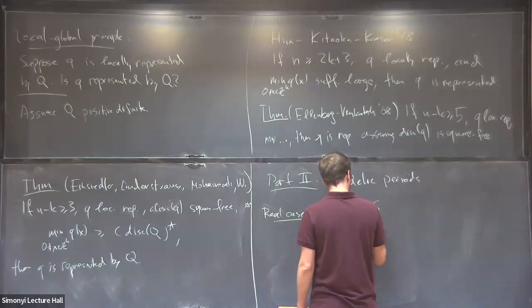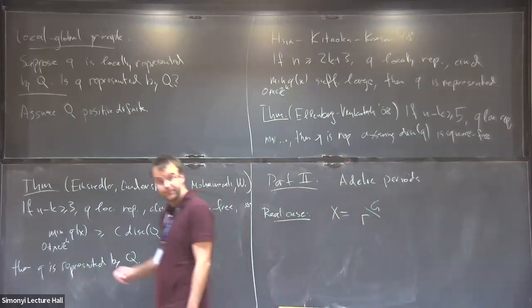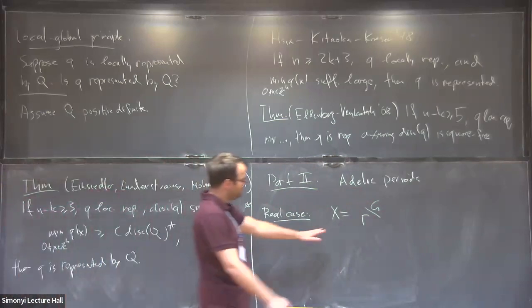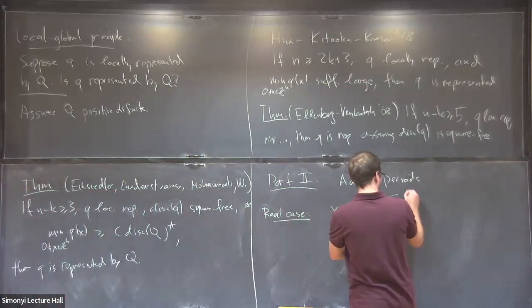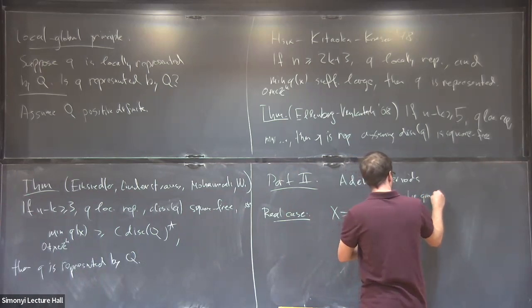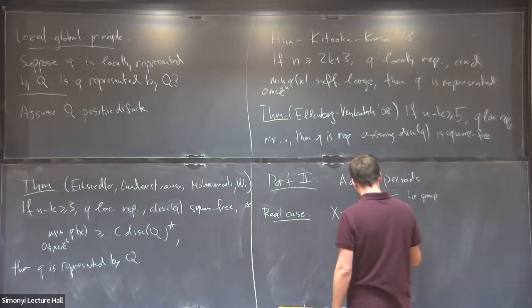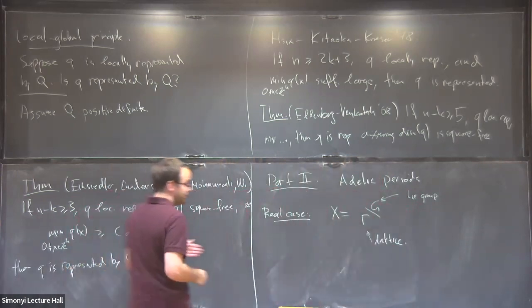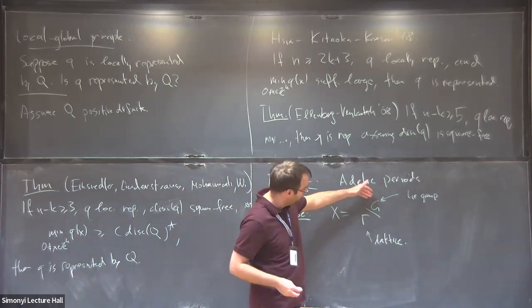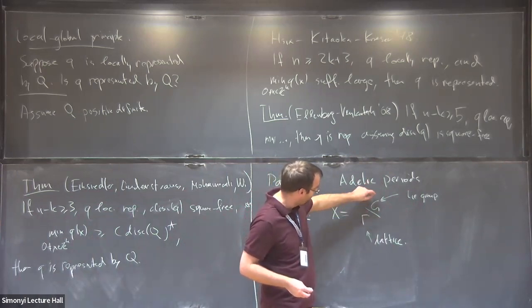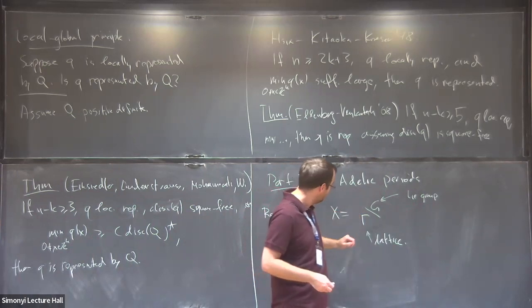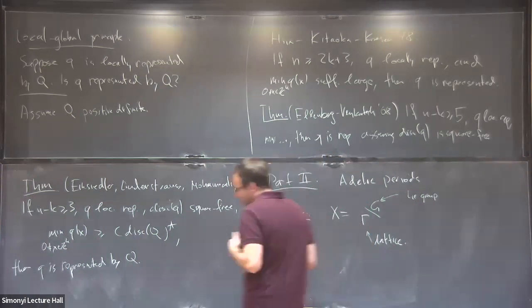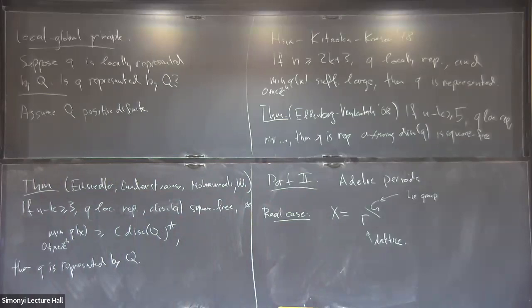In this case, it's G mod gamma, where G here would be a Lie group, and gamma will be a lattice. A lattice is a discrete subgroup of finite covolume. So you can pick most homogeneous dynamics take space, that's perfectly good.